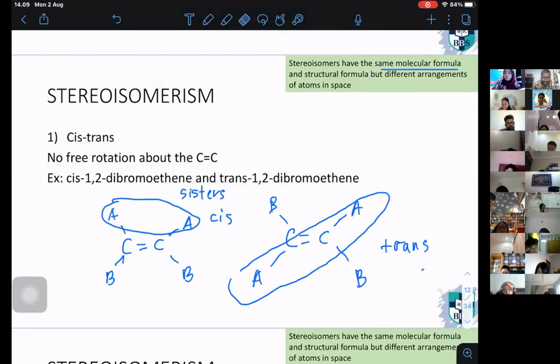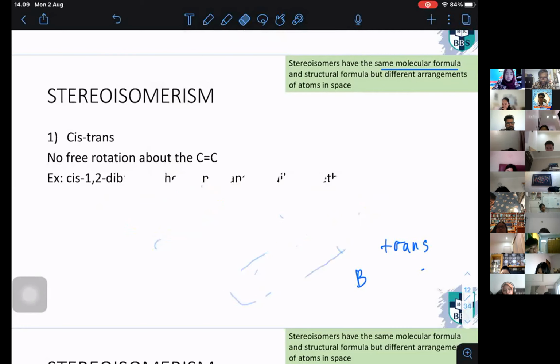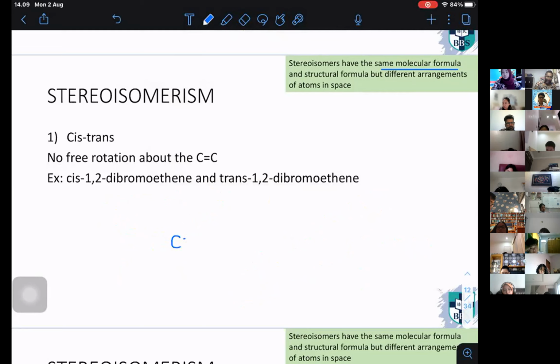So for example, you have dibromoethene. You can see here, if I have ethene, 1, 2, Br, Br, and hydrogen and hydrogen, you can see whether they have cis and trans over here itself. The carbon is attached to 2 different groups over here, and 2 different groups over here.